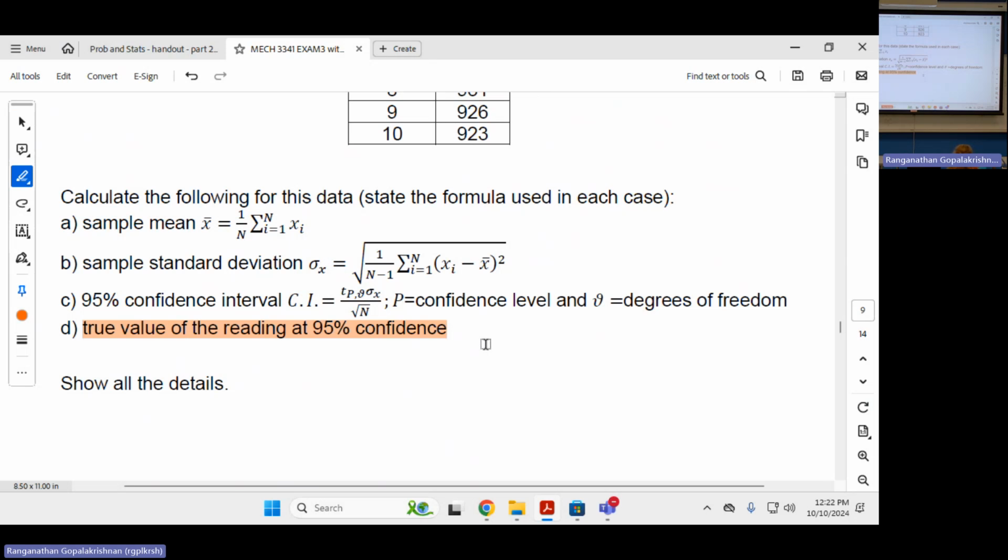The implication is the true value is likely to be found in the interval x bar plus or minus CI with 95% confidence. If you had used a different confidence level in your third step, then you will get a different range, but the idea of finding the true value remains the same. Okay, so the one sentence you need to write here is, let me write it.